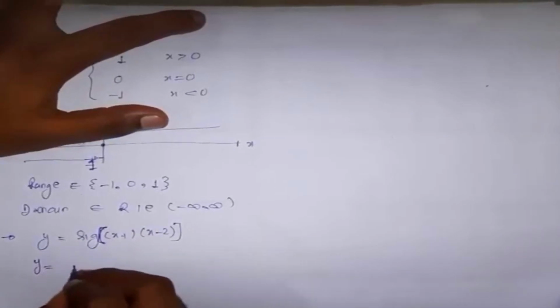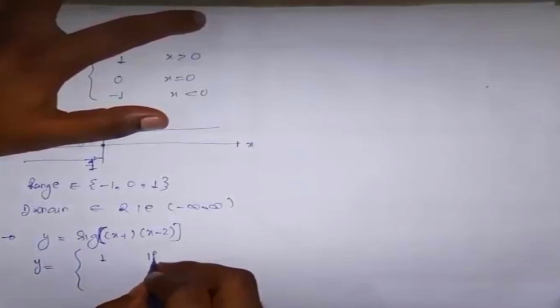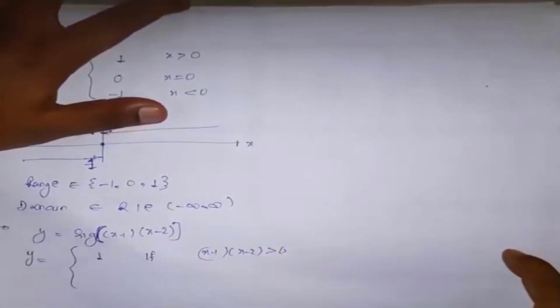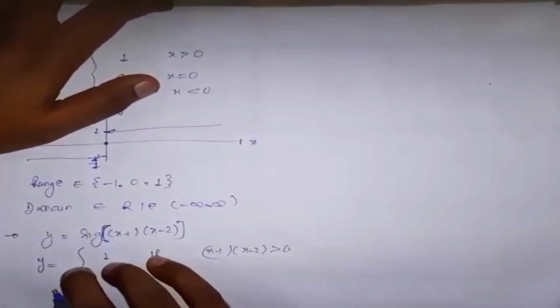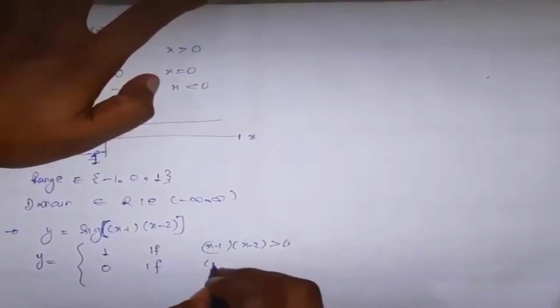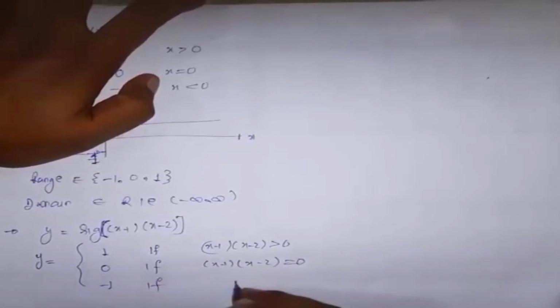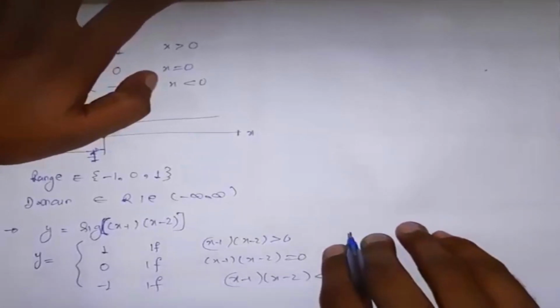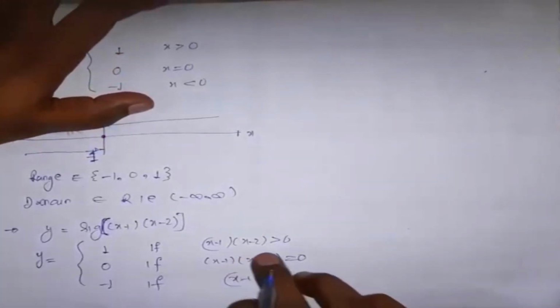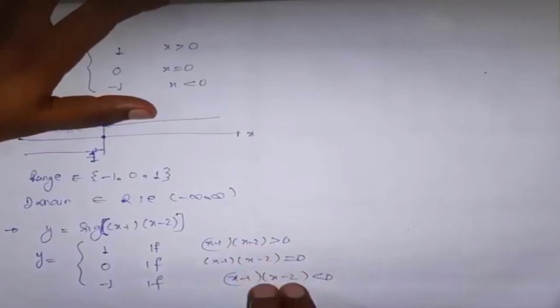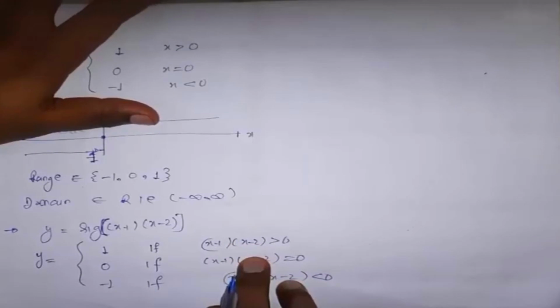Y is equal to 1 if x minus 1, x minus 2 is positive, 0 if x minus 1, x minus 2 is 0, minus 1 if x minus 1, x minus 2 is negative. So I hope it is clear. So we will find the values of x for which each condition is satisfied.